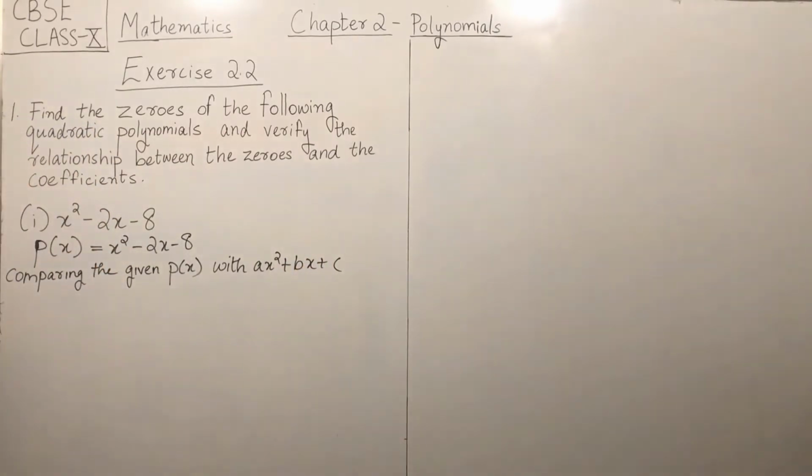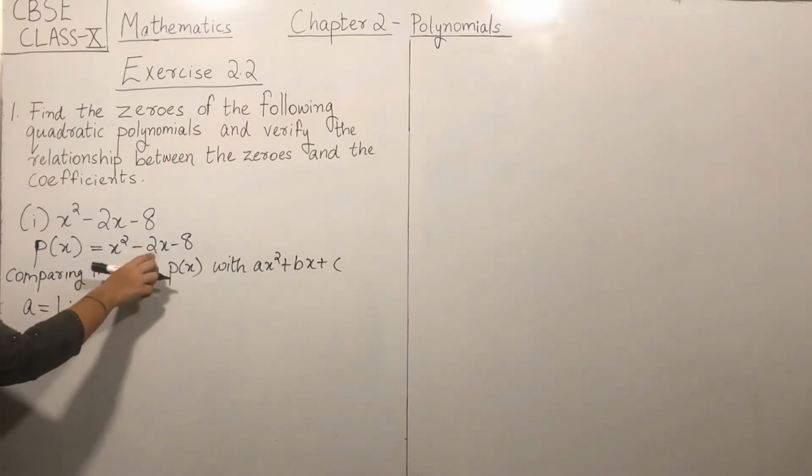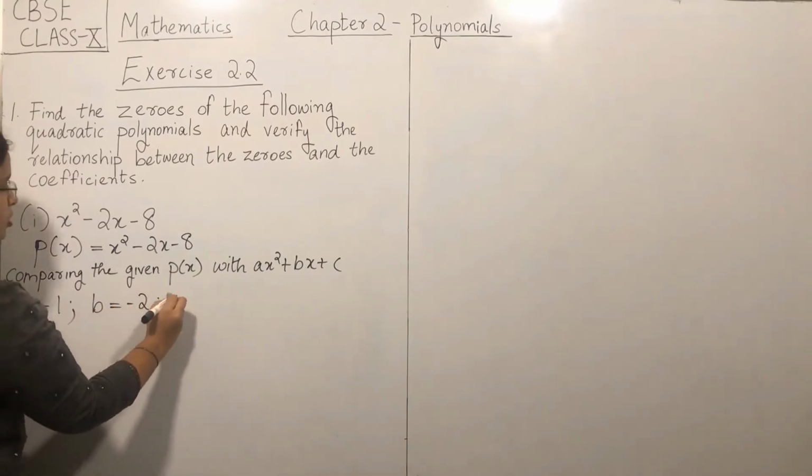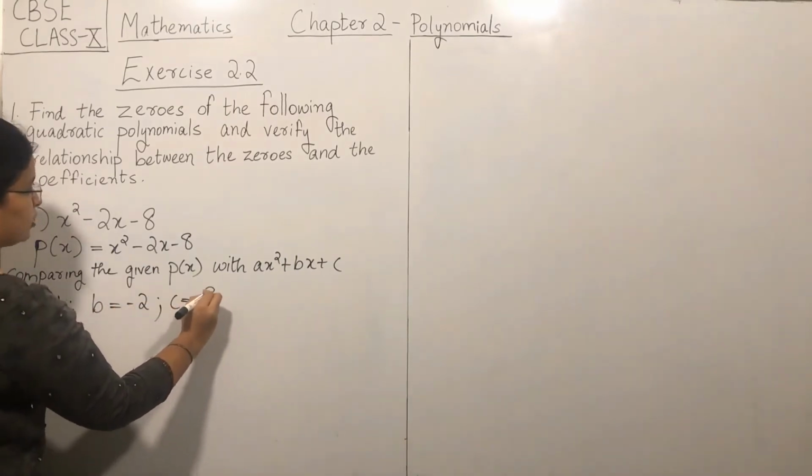Now we can write a as coefficient of x square as 1, then b, that is coefficient of x, minus 2, and the constant term c equal minus 8. Okay.